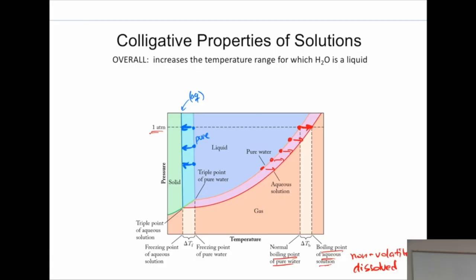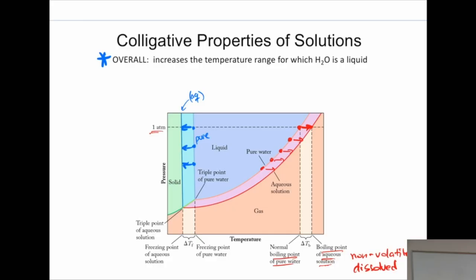So effectively what we're doing is what's written up on top here. We're increasing the overall range that the solvent remains in the liquid phase because we're increasing the boiling point, which means it stays liquid at higher temperatures, and we're decreasing the freezing point, which means we're on the lower side. We're also increasing the temperature range at which a material stays in the liquid phase.